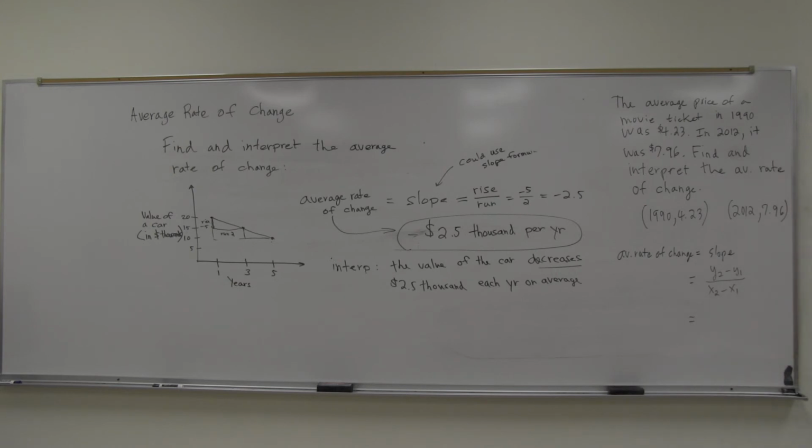So you do the y's first, 7.96 minus 4.23, and then the x's, 2012 minus 1990.